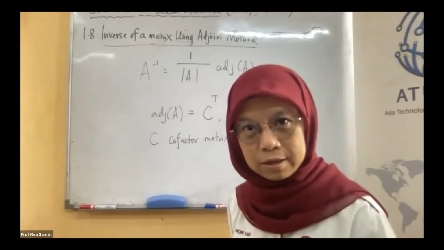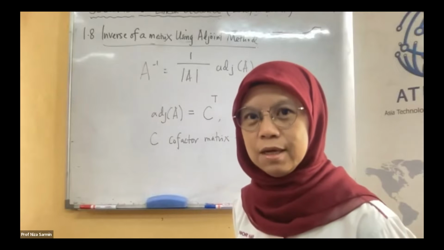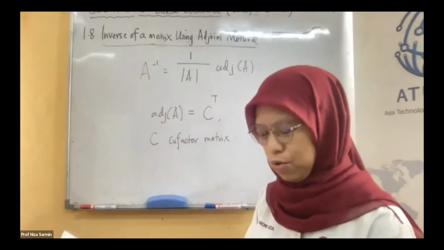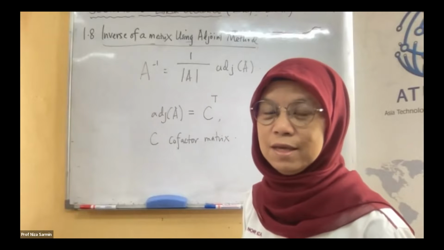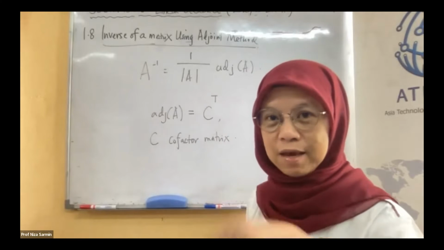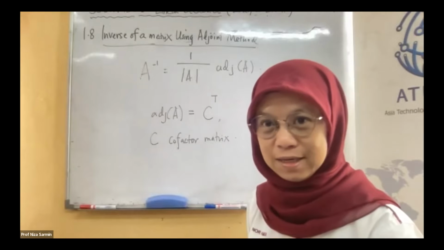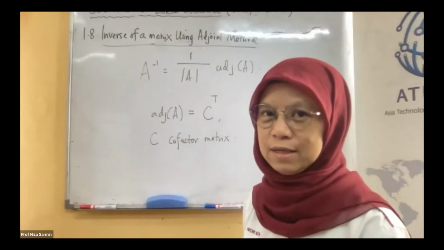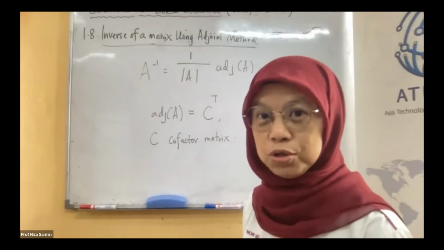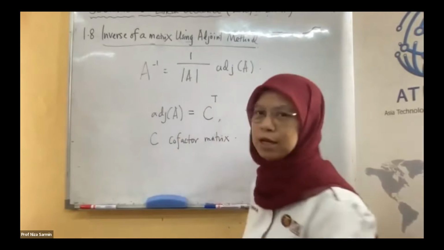Okay, so go back to previously how we define cofactor matrix. You remember last time we have the matrix M, minor, right? The minor, and then we have the cofactor. You transpose, you get adjoint.